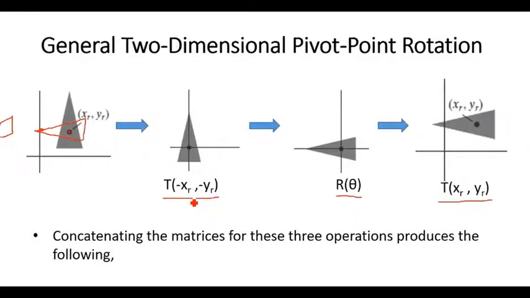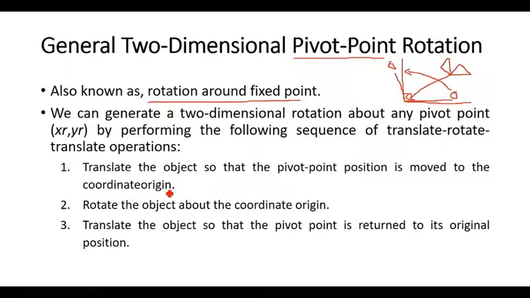Now in this composite operation, we involve a translation activity, a negative translation, and then a rotation activity, and then a positive translation activity. So these are the three steps that we would follow.